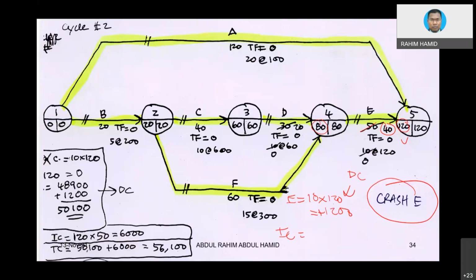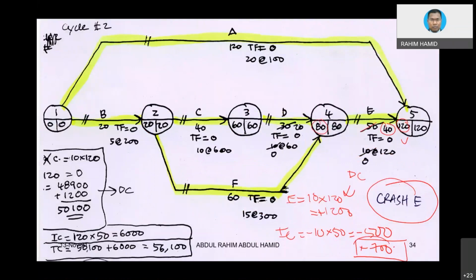Meaning 10 times 50 equals negative 500. So the net increase is basically 700. Is it correct? Yeah, 700. So net increase.